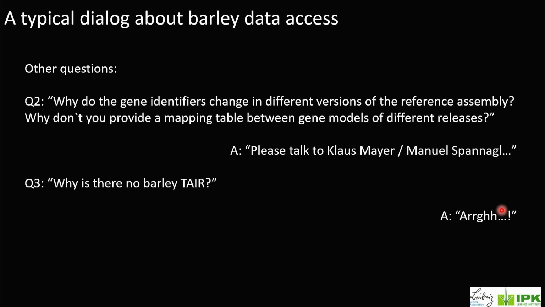There are other questions I deal with, and I mentioned already the question, why are the gene identifiers between versions not necessarily mapped to each other? The simple thing is that not every gene is present in every assembly. These are technical reasons. So I usually answer, please talk to Klaus Mayer and Manuel Spannagl, whom we collaborate with for the annotations, but it's more complex. It's not that easy to do the mapping precisely. And so it is a research question, basically.